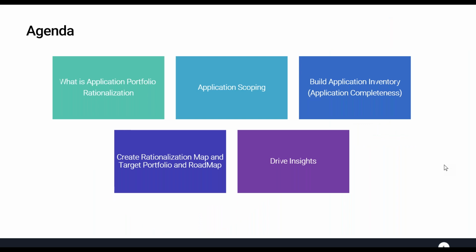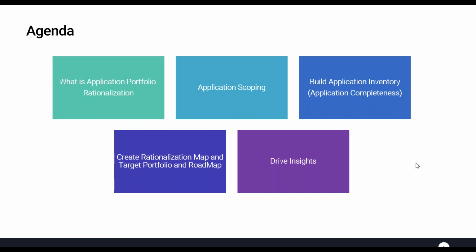And in terms of agenda, we'll quickly look at what at least I refer to as application portfolio rationalization, because there are some book definitions and there are also multiple interpretations of it. And then we will go through the three important steps that I see should be done as part of an APR exercise.